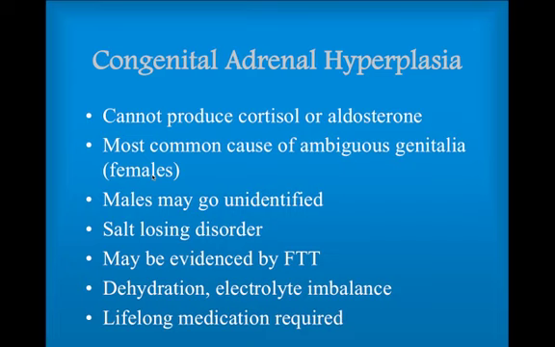The girls are usually identified because of their ambiguous genitalia. They can also possibly evidence failure to thrive. The dehydration and electrolyte imbalance and lifelong medication is required for these individuals.